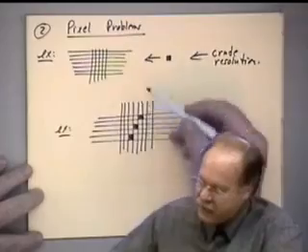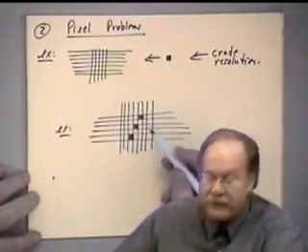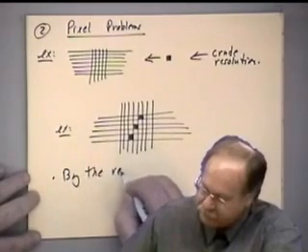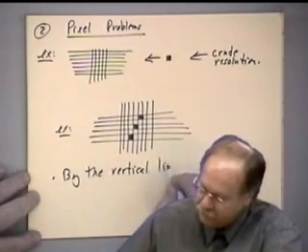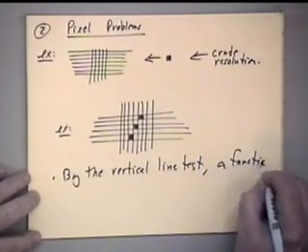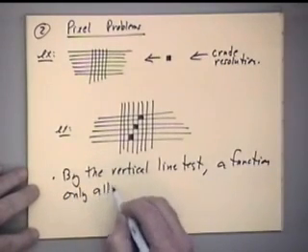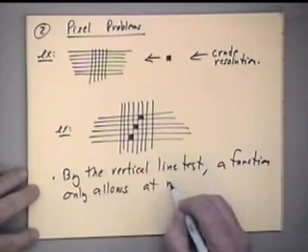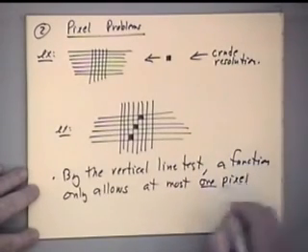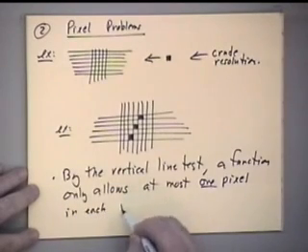Why? Because this is also determined by the definition of a function. By the vertical line test, a function, which is what the calculator is trying to graph, only allows at most one pixel, which represents 1 point in the image, in each vertical column.